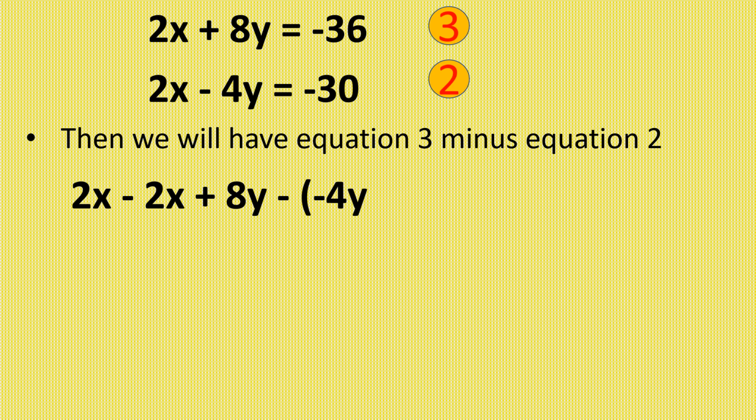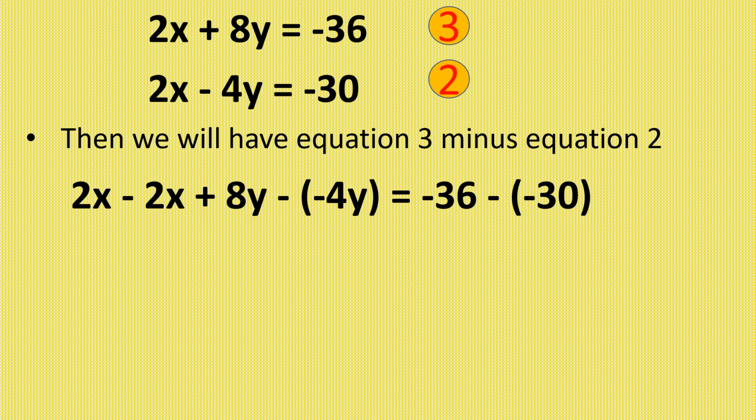Let's look at the like terms, because you can only subtract like terms and you can only add like terms in order to have a better simplification. Looking at the x terms in equation 3 and equation 2, you have 2x minus 2x.